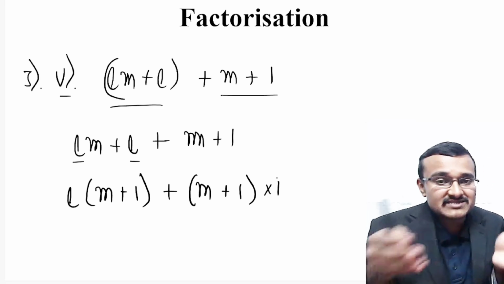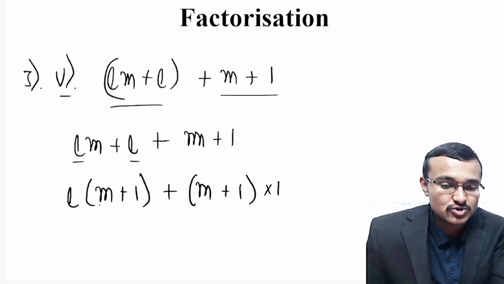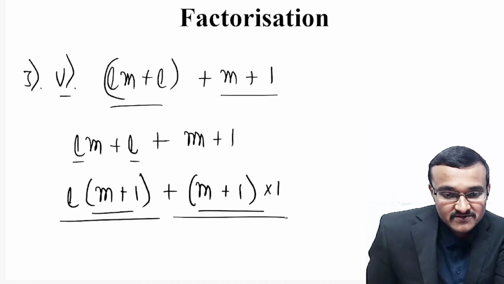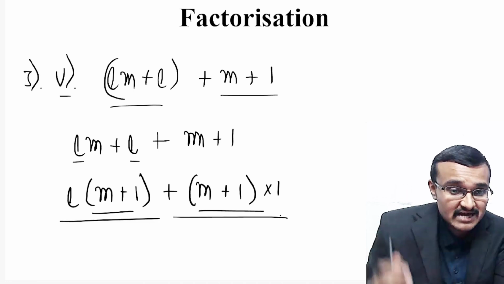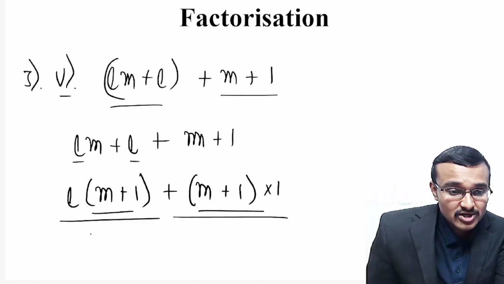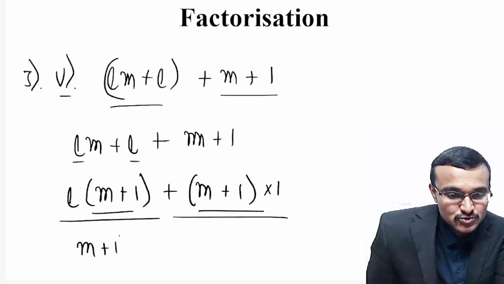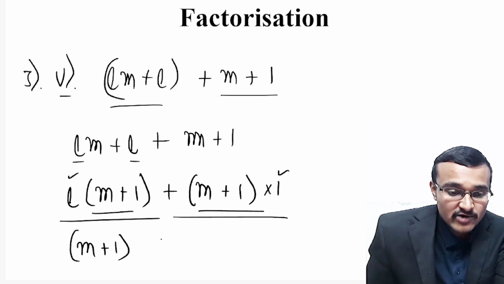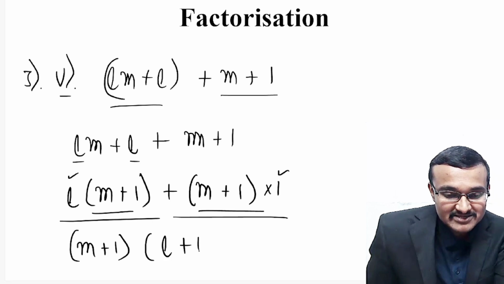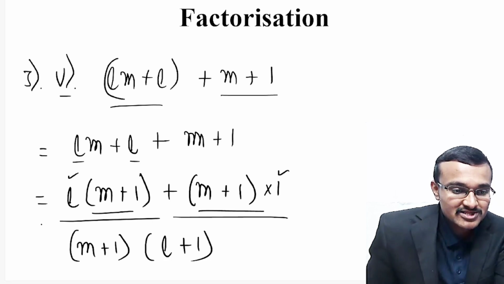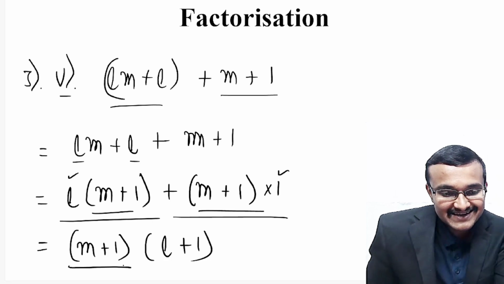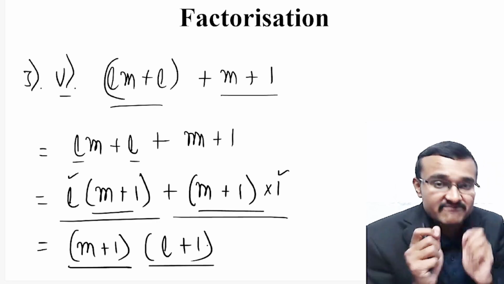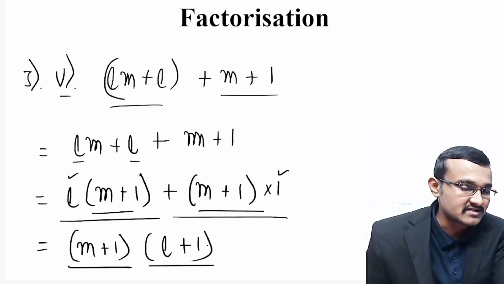So that will be plus (m plus 1) only. So you can take (m plus 1) common in these two big terms which I have separated. So when you take (m plus 1) common in these two terms, what will be remaining inside the bracket? L will be remaining and 1 will be remaining. So that is l plus 1. So when you solve this fifth question, you will get (m plus 1) into (l plus 1). So (m plus 1) and (l plus 1) are the factors for this fifth question in the third question.